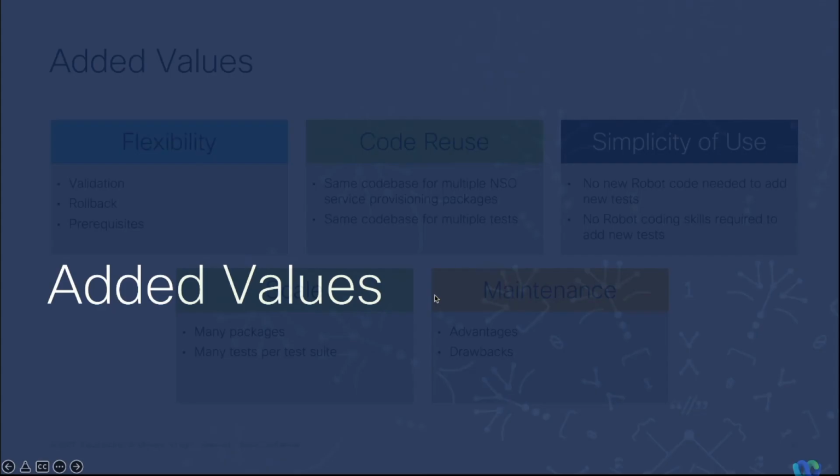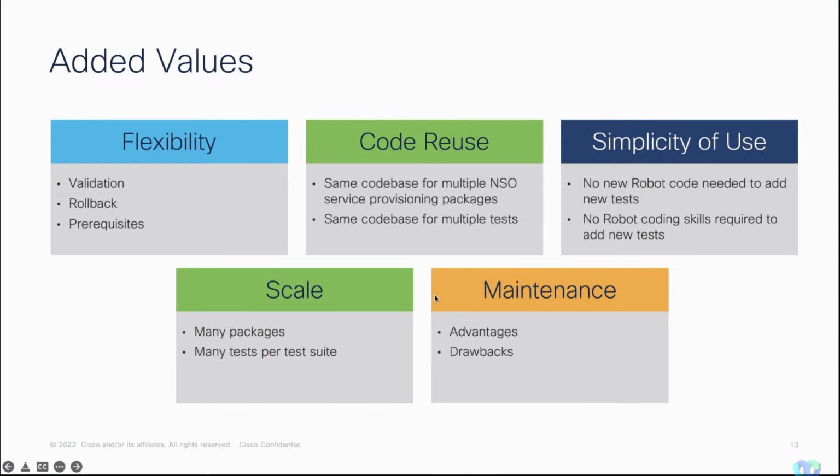What are the added values that we think this approach coupled with the process brings? First, flexibility. We allow for validating or not, for rolling back the test case or not, and we also allow for specifying prerequisites. Another added value is code reusability.